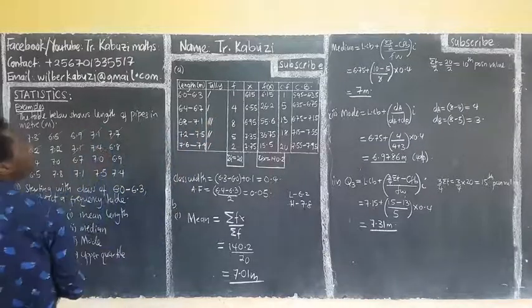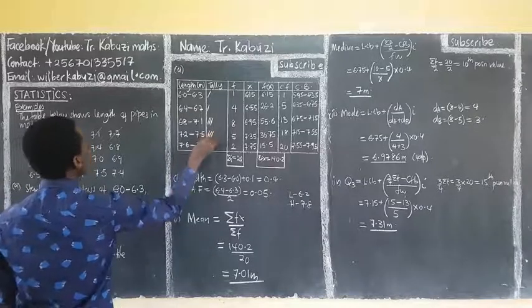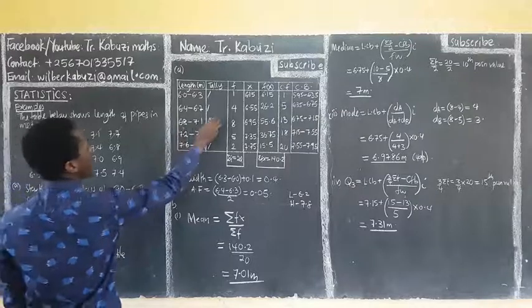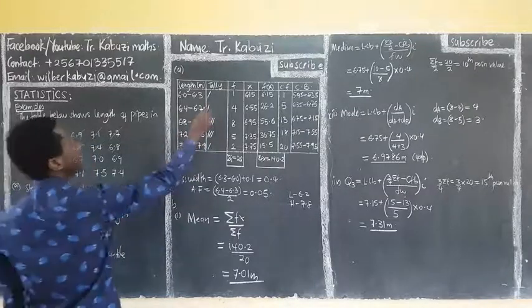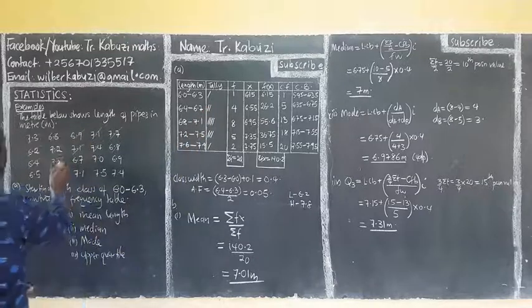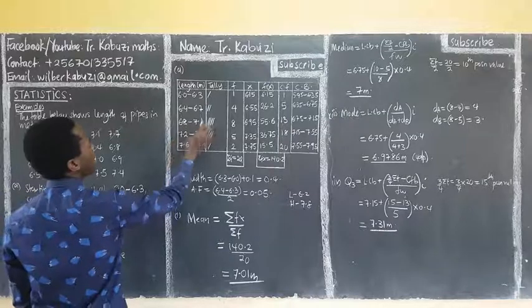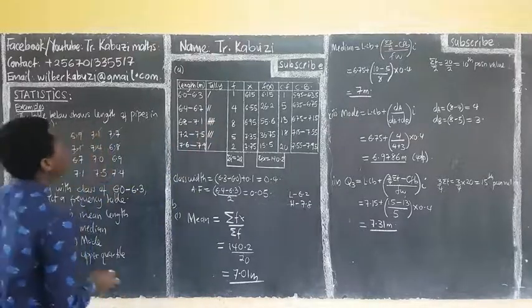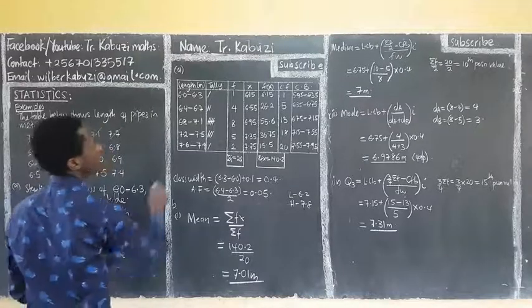Then 7.1 is in this range. Then 7.4 is here. Then 6.8 you see it's here. Then 6.4 is here. Then 7.0 is here. Now when they are 5, we tally them as a bundle. Then 6.7 is here.